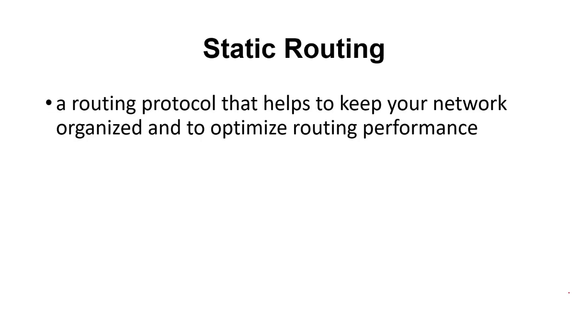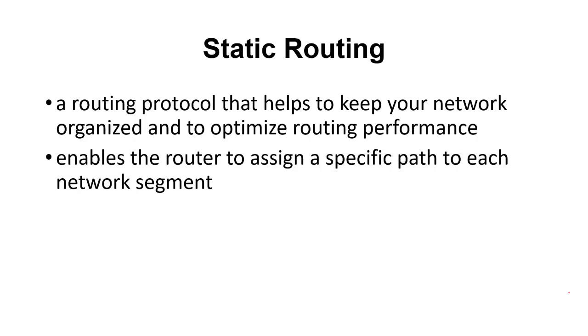So static routing is a protocol that helps to keep your network organized and to optimize routing performance. This enables the router to assign a specific path to each network segment. Let's say from A to B, this is the only path. This is the specific path.